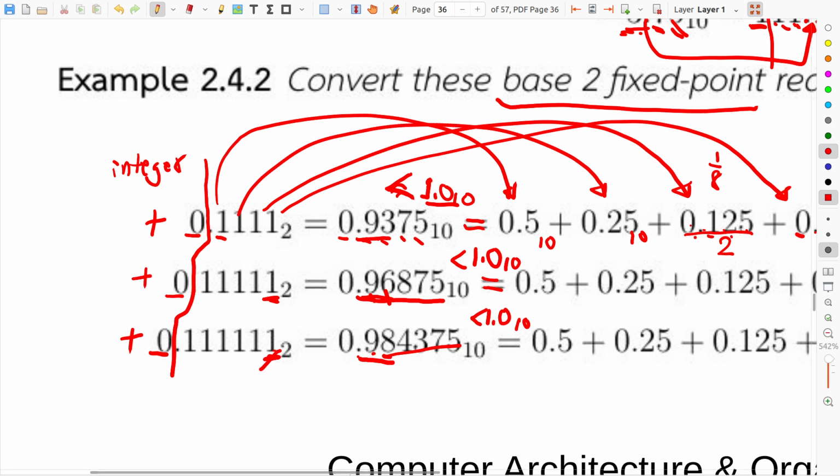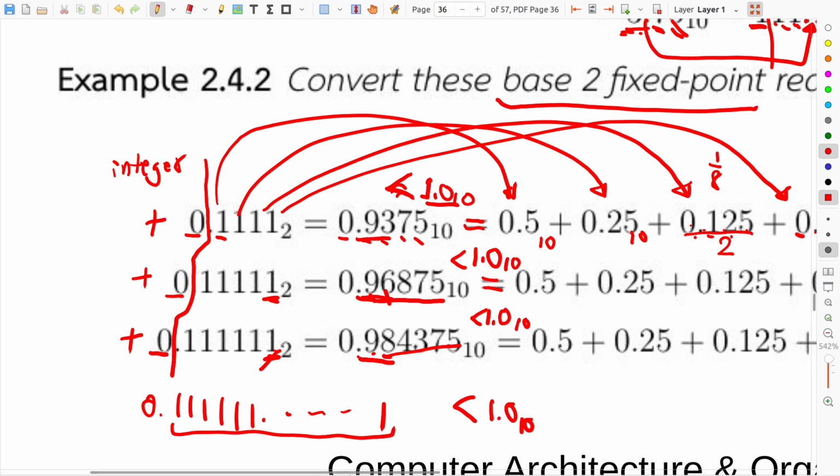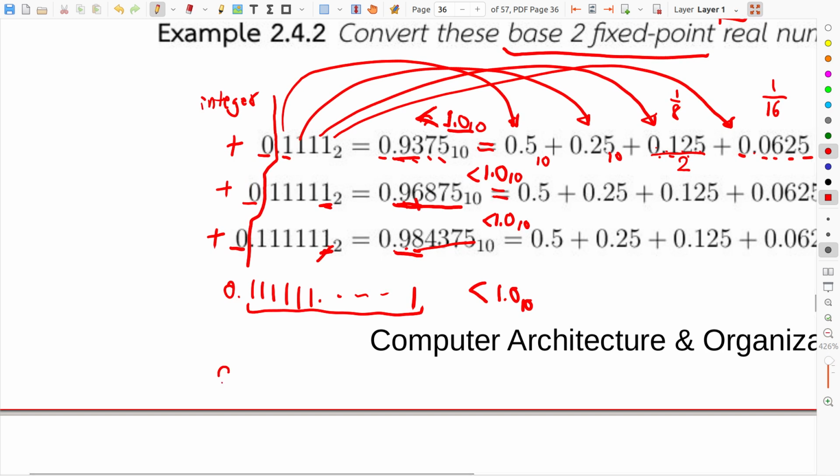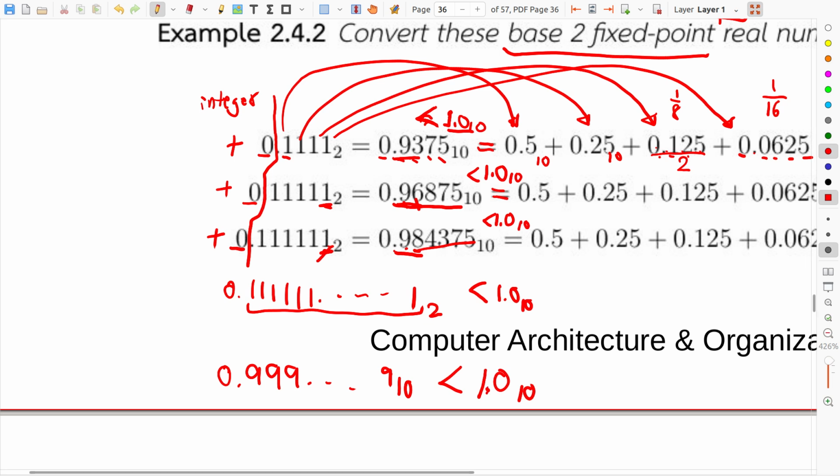You can imagine 0.1111, as many ones as you can put, it's still less than 1.0 base 10. So this is pretty much the same as 0.9999 base 10. This is base 2, but still it's less than 1.0 base 10.